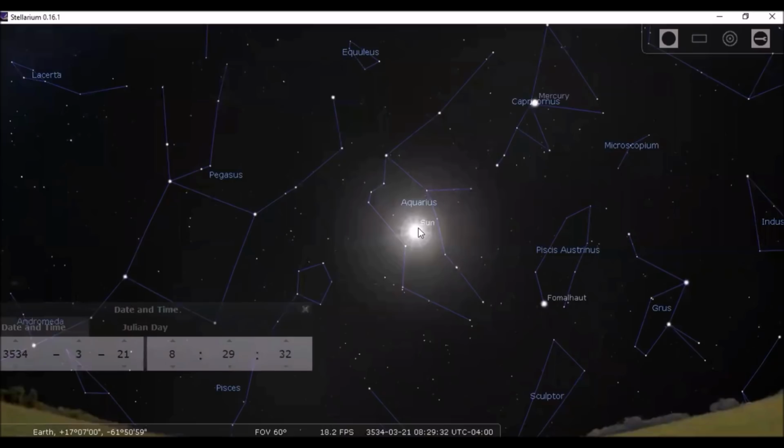Now we're in 2080, 1500 years from now, on the 21st day of the third month, which is March, on the spring equinox in the northern hemisphere, the sun would rise perfectly in the center of the Aquarius constellation.